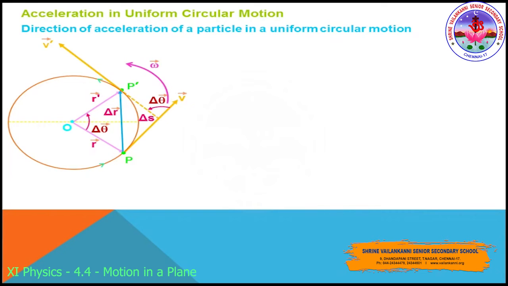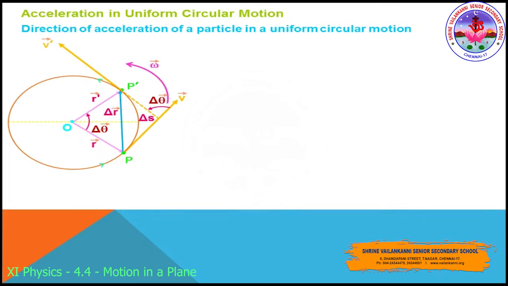Suppose at time t the particle is at P, and at time t plus del t it moves to the next position P dash. We have taken the velocity vectors at the two positions, directed along the tangents respectively.